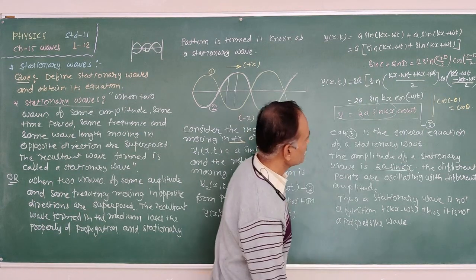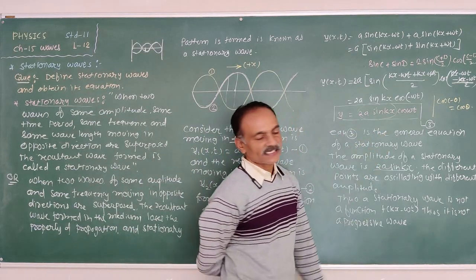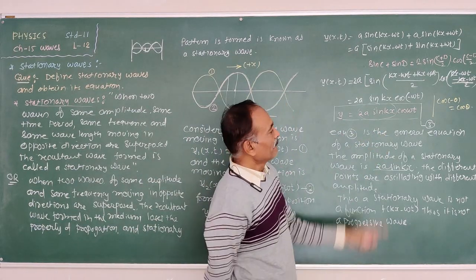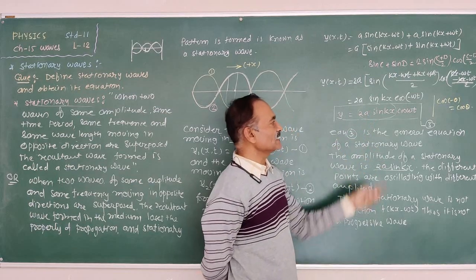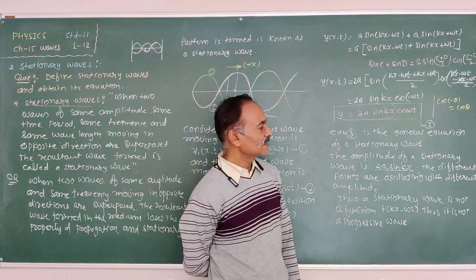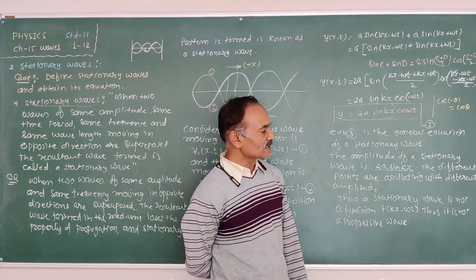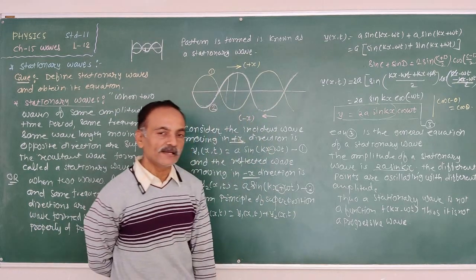Clear this? Okay. Now, equation 3 is the general equation of a stationary wave. The amplitude of this stationary wave is represented by 2a sin kx.